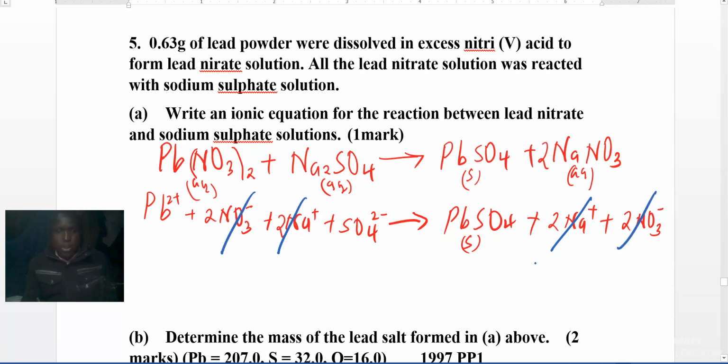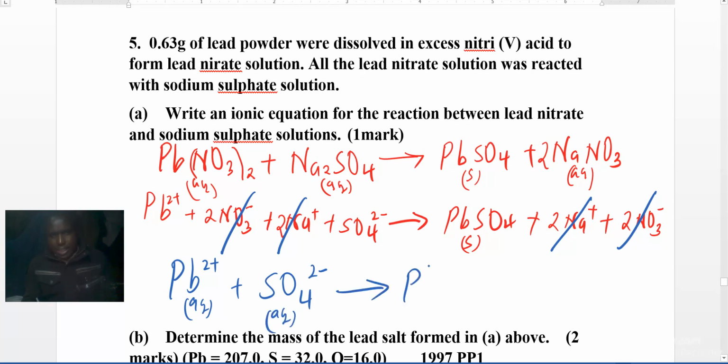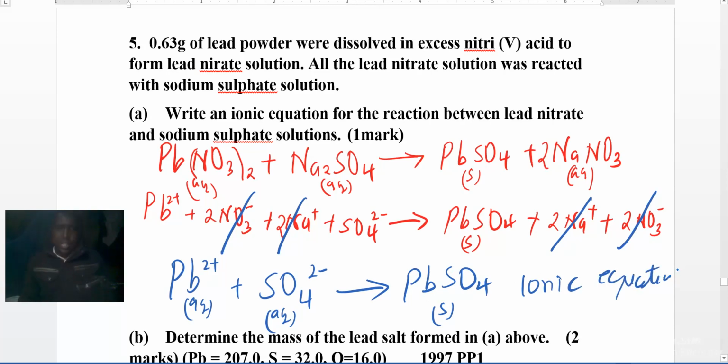What remains now is lead 2 positive in aqueous state, plus the sulphate ion 2 minus aqueous, and this forms lead sulphate solid. This is the ionic equation.